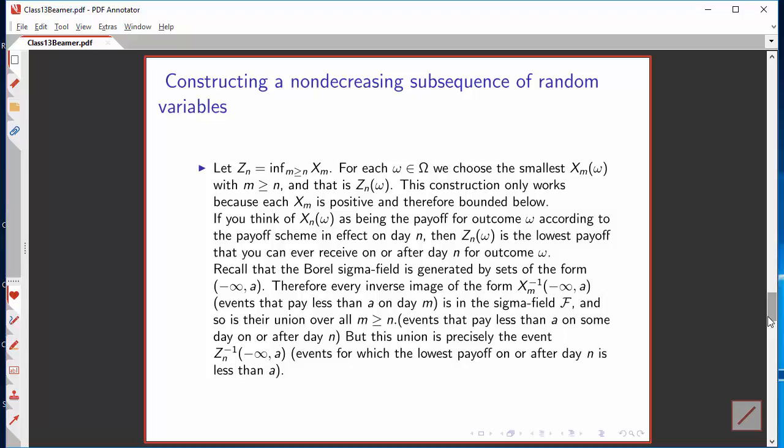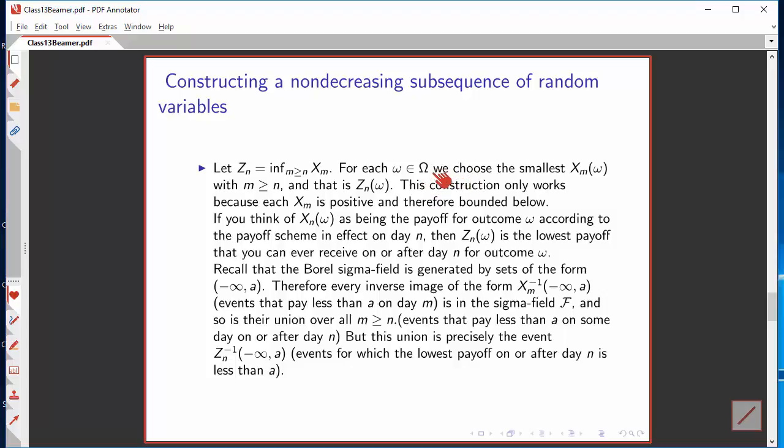Now let's try doing the same thing, not with real numbers, but with random variables. So what I'm going to do is consider a sequence of random variables x sub m, and from it I'm going to construct a new random variable z sub n.